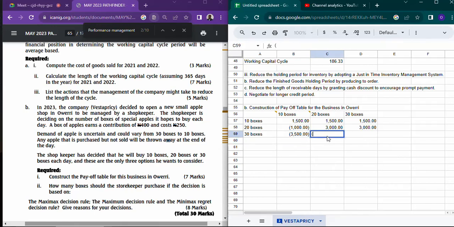So when they are demanding for 20, you can still sell 20, 400 times 20, minus 250 times 30.